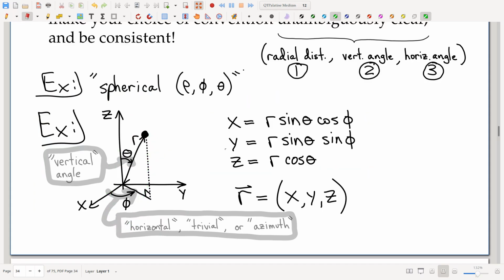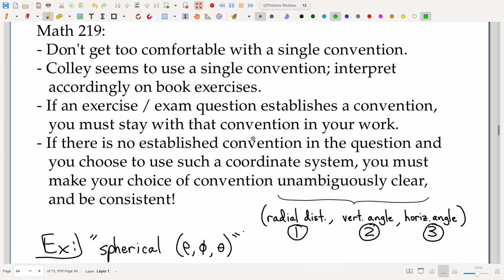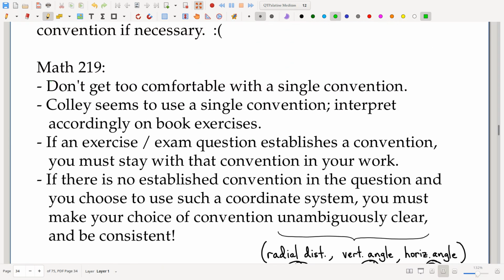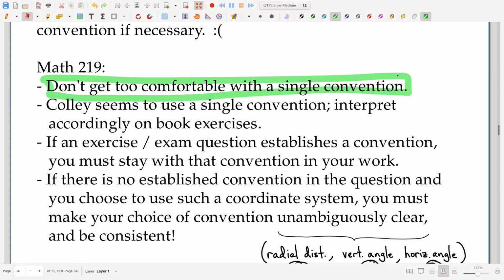Okay. Various bullet points here. We've already kind of talked about this, but don't get attached to a single convention. That's not reasonable. You can't. You have to get on board with whatever the convention is in the context you're doing some work. So that's just a word of warning.